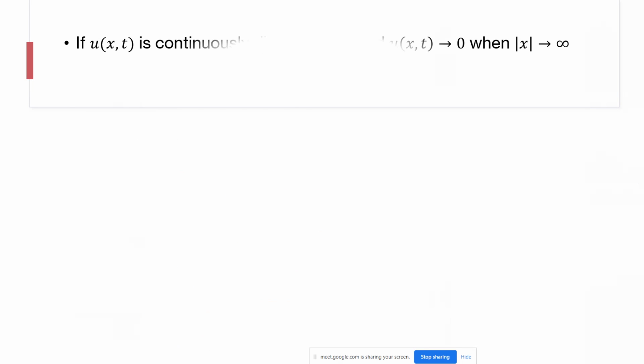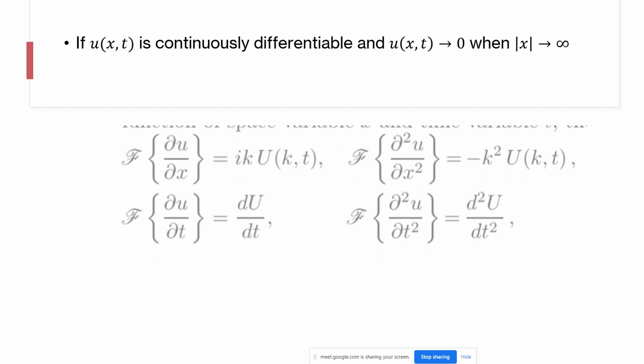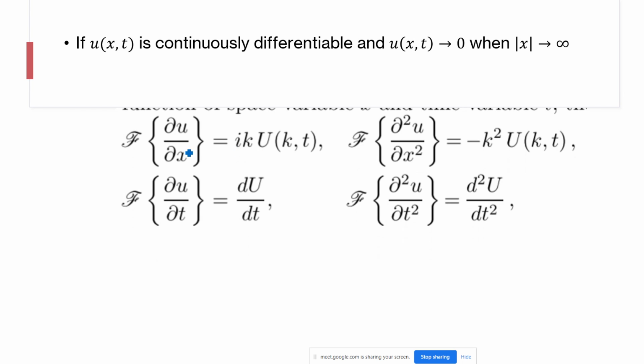And the same idea can be generalized if there are multiple variables x and t. Over here we work on the variable x, so we convert x to k. Whenever we take a derivative with respect to x, we have to use the same property. But if you are working with a second variable which is not considered for the transformation, the derivative is applied to the function itself.